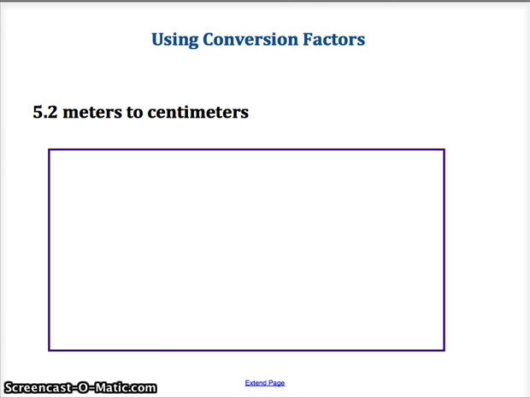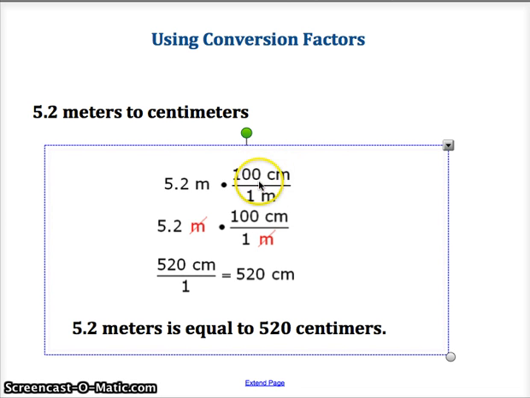How are you going to get meters to centimeters? Don't forget what you're converting to goes in the numerator, and the one you're converting from goes in the denominator. You're right, 100 centimeters over 1 meter. When you multiply, you have 520 centimeters. Well done.